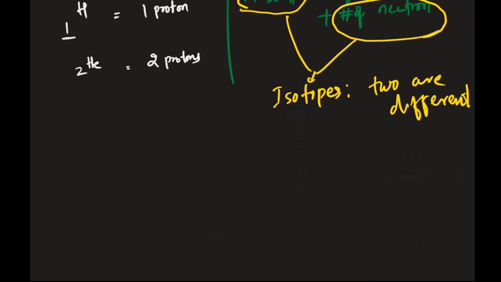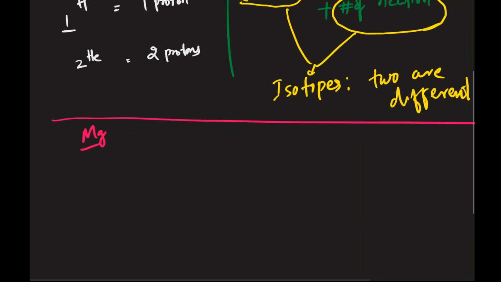Okay, let's do an example. Magnesium is going to have 3 different isotopes. So I'm going to write 3 isotopes of magnesium. Magnesium is 12. Remember, what does the bottom number say? The bottom number is our atomic number.